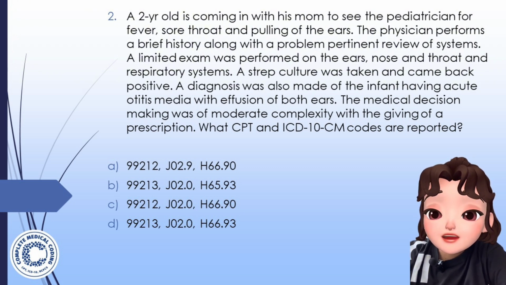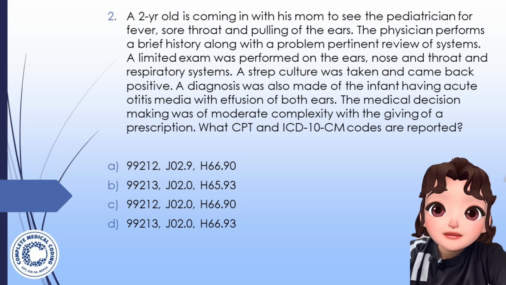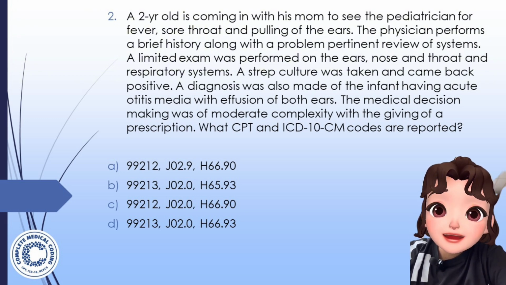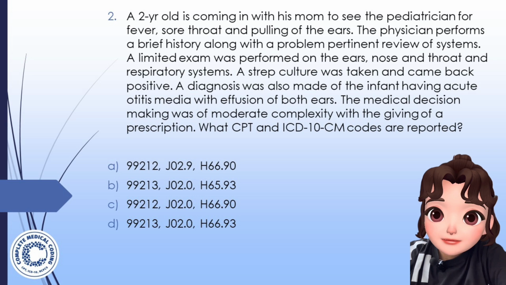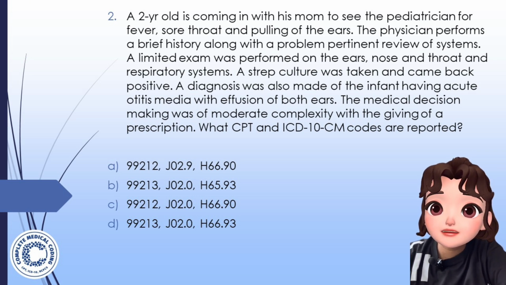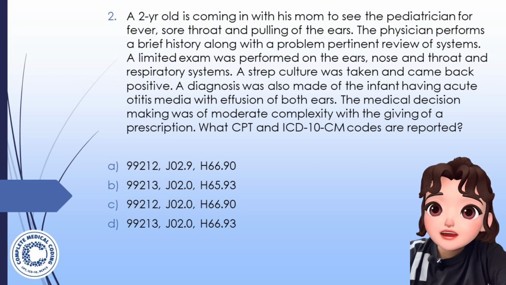What are the diagnoses mentioned here? J02.9 and J02.0. What is J02.9? If you open the ICD book, J02.9 represents acute pharyngitis. And what is J02.0? J02.0 represents streptococcal pharyngitis.